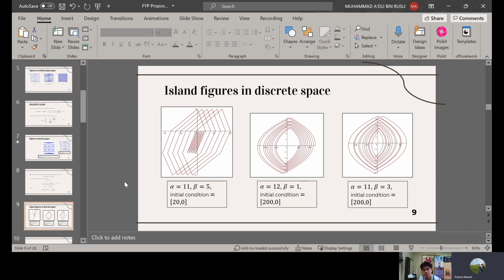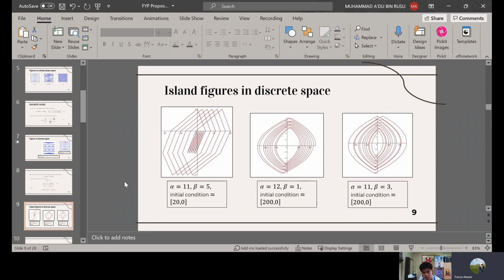So ni ada cakaplah ada 3 cases yang saya jumpa. First case ada anomalous behavior, kalau initial condition kita dekat dengan origin. Yang nombor 2 case yang tak periodik, where dia tak complete revolution, and never close.